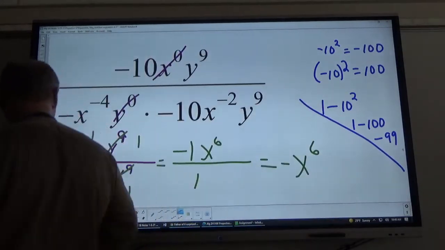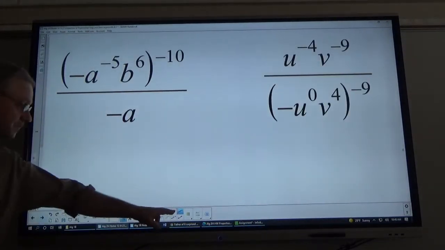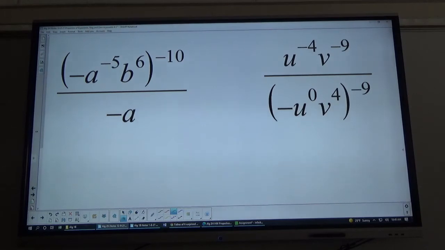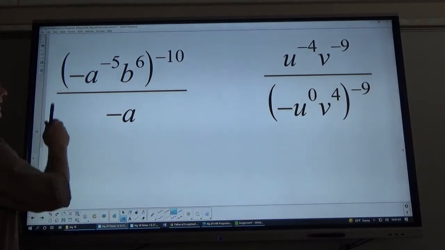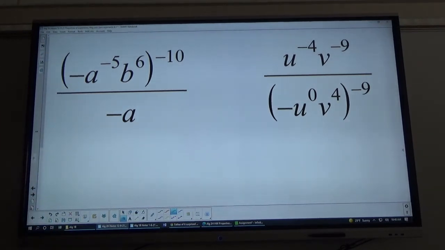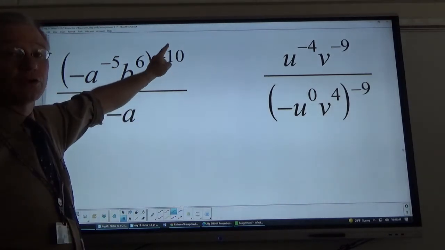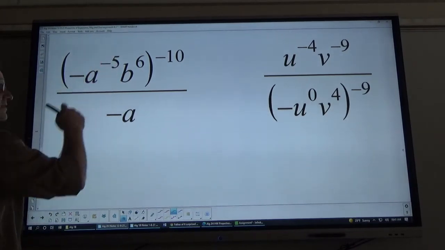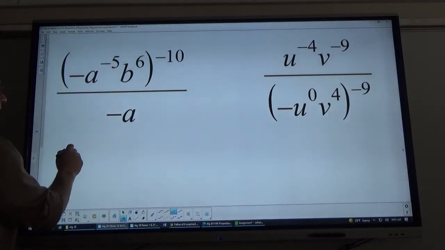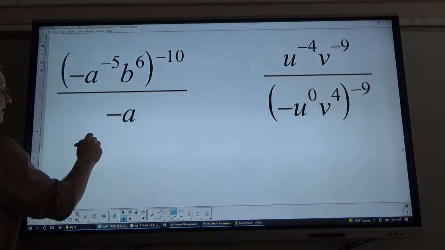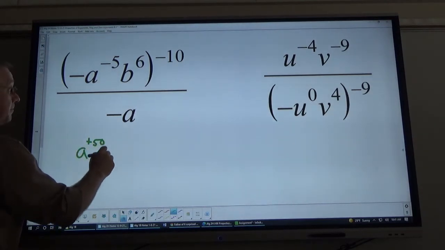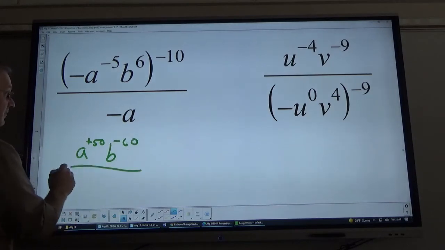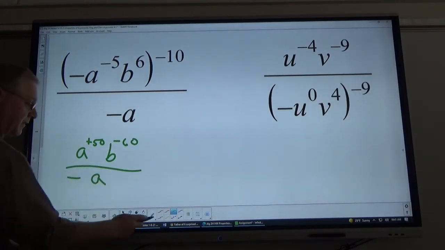All right. Besides, it's order of operations. In this problem, I'm going to do the power on top before I do any division. So let's do that. This is a -1, and it doesn't matter whether this is positive or negative. It's even or odd that applies to the negative part. A negative number raised to an even power becomes a positive number. A to the positive 50, b to the -60 over -1a.